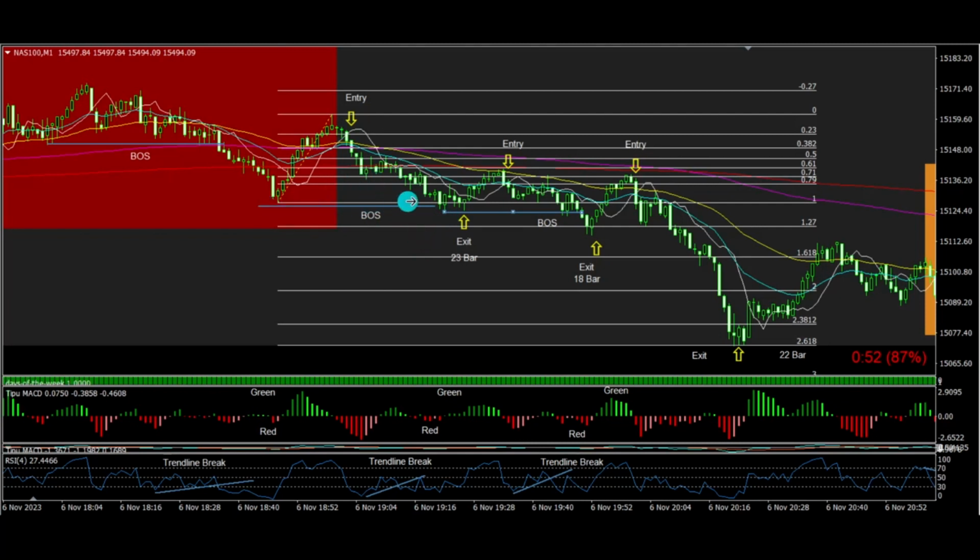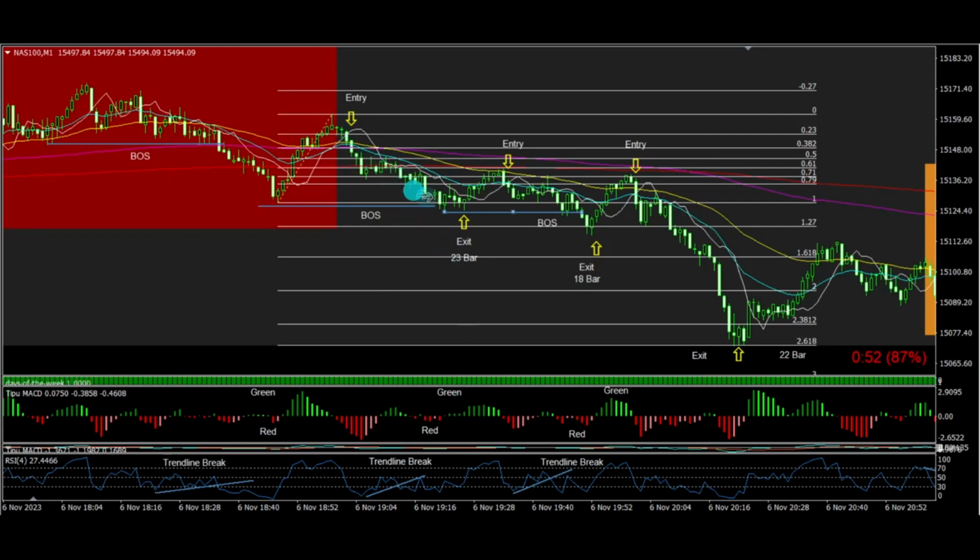The other examples in this same trading session are a break of structure while we were in the previous trade, and you can draw your swing low and swing high Fibonacci extension. You wait for price to go above the 4 EMA, and it also reaches the 50 EMA. And the histogram turns green.